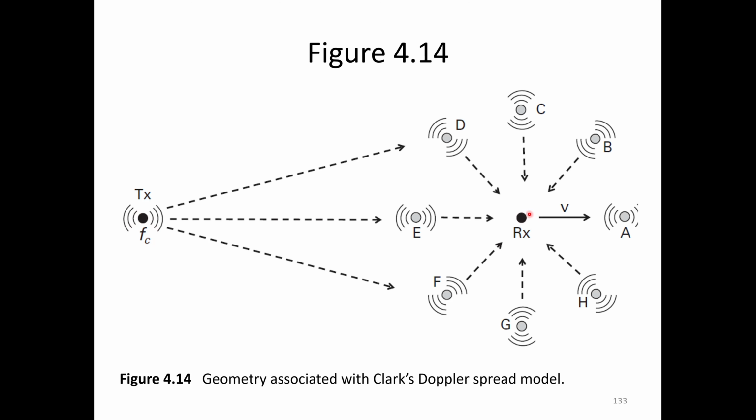And here is the receiver. Okay, the receiver moves to the right hand side at a speed v. Okay, and there are 8 scatterers, named A, B, C, D, E, F, G, and H.